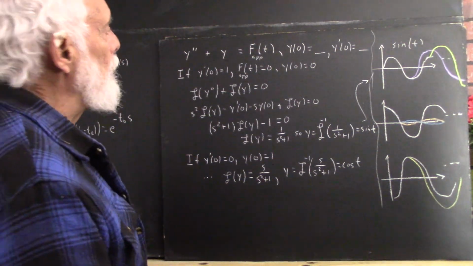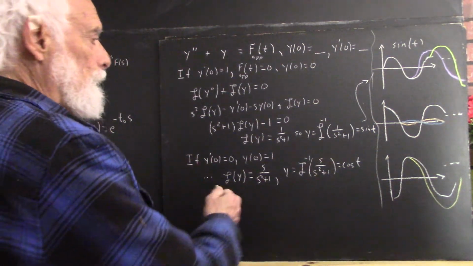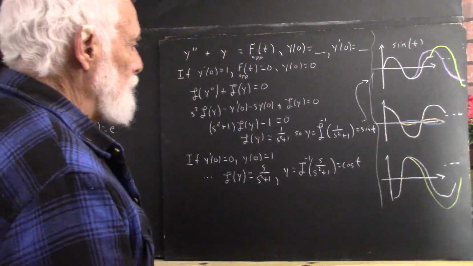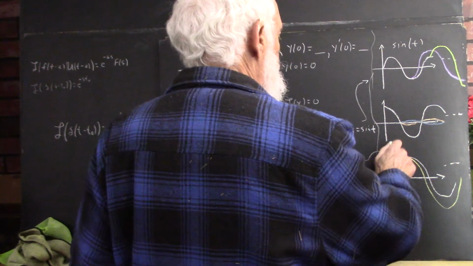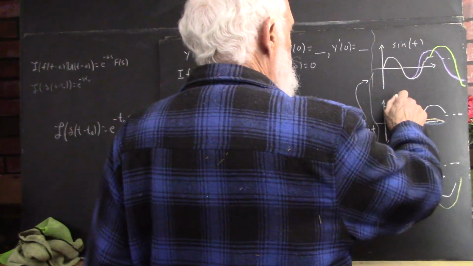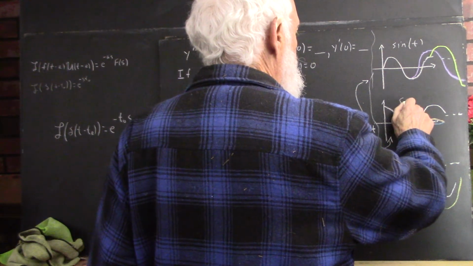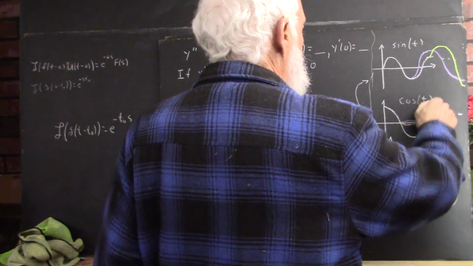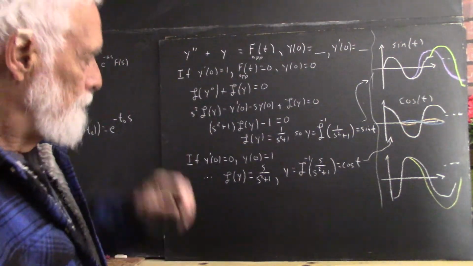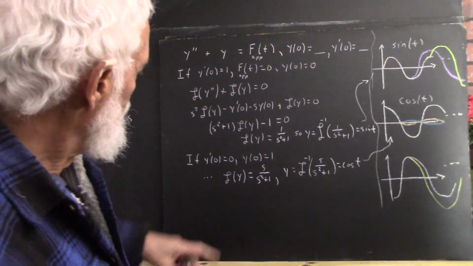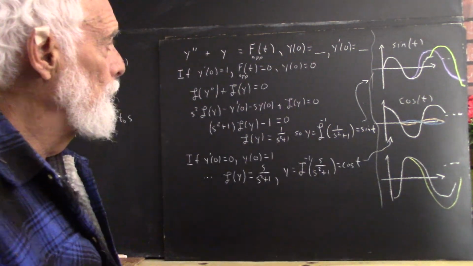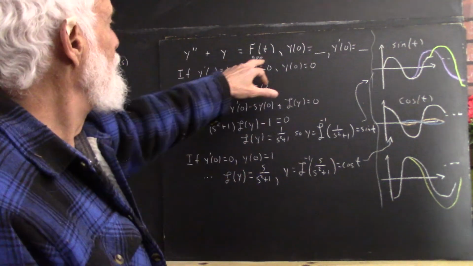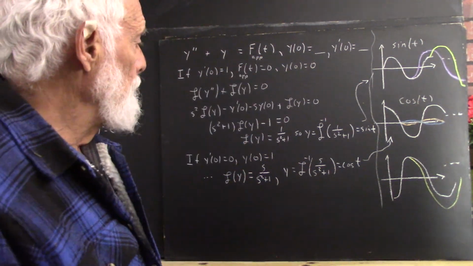Okay, so we have these possible models, and of course this corresponds to this situation. Now we modify these situations by putting other conditions on it, or by having a non-zero f applied of t.